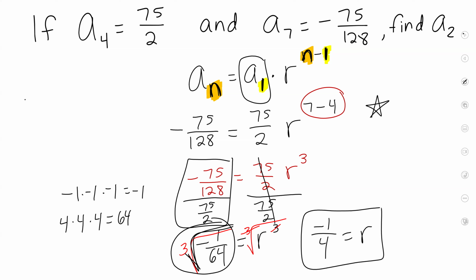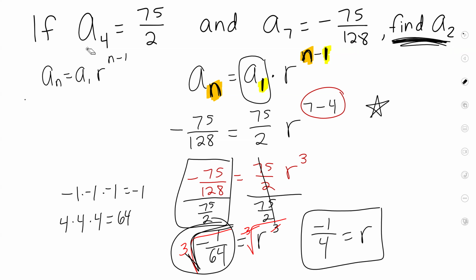Now, let's go back to the problem. They want us to find A2. So let's go ahead and find A2. I'm going to use my formula again. An equals A1 r to the power of n minus 1. Okay, my goal is to find A2. Well, let's use the information that we were given.